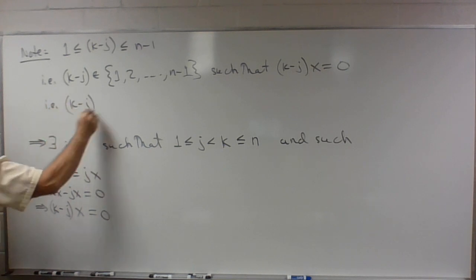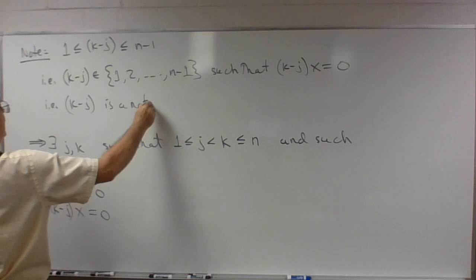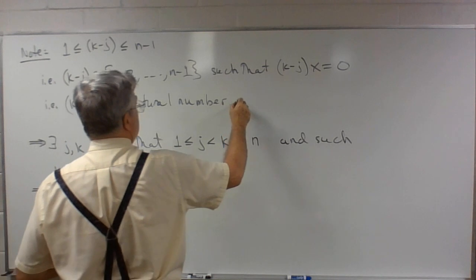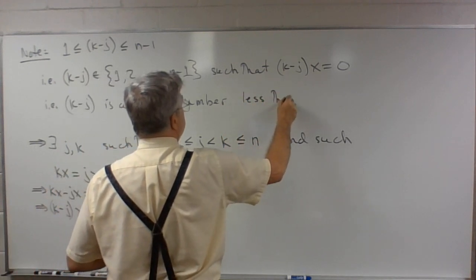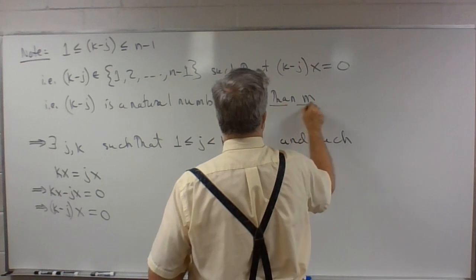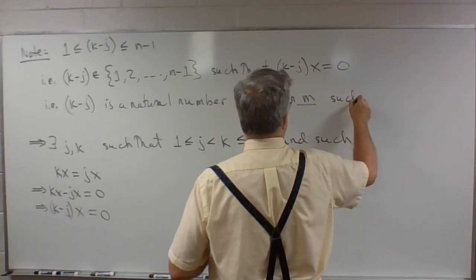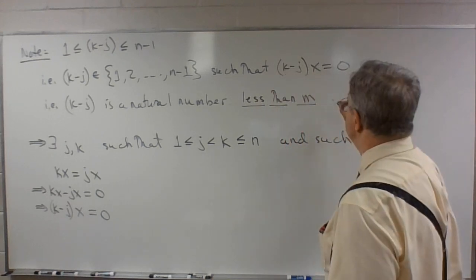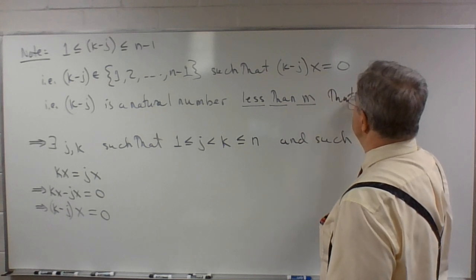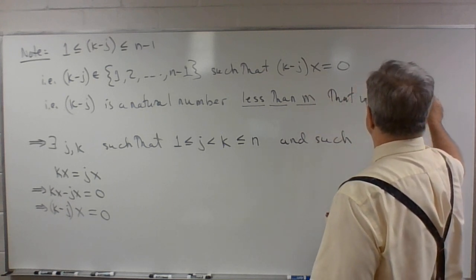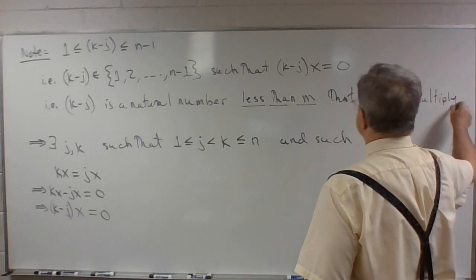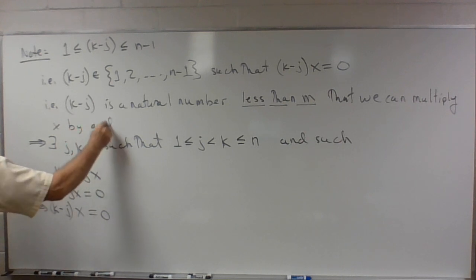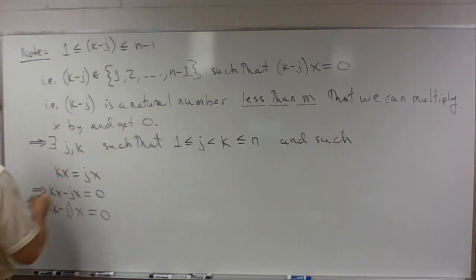k minus j is a natural number less than m that we can multiply x by and get the identity 0.